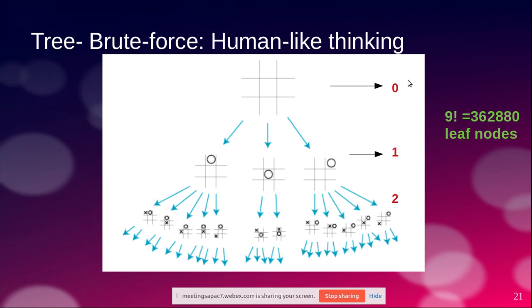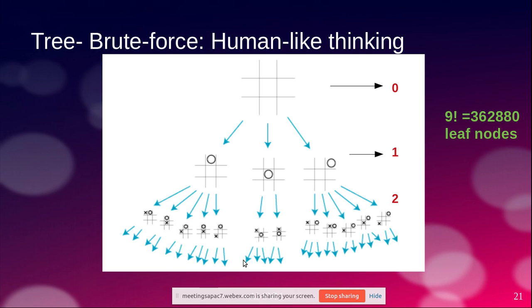Now, if you look at it at level 0, all 9 cells are open. That means you have 9 children. When you come to level 1, each of these 9 children can have 8 more children, because 8 cells are blank. And when you come to level 2, 7 cells will be blank, so from each of these, 7 more options will continue.